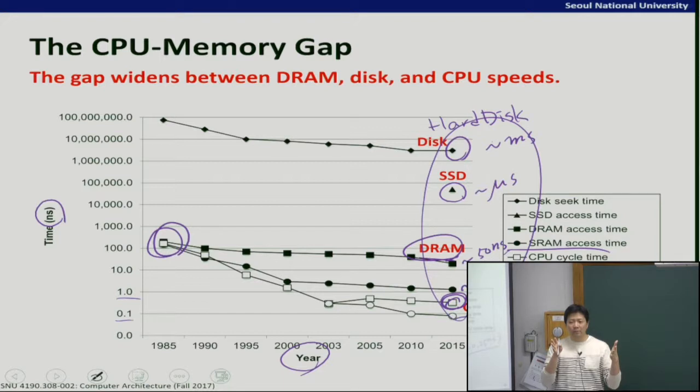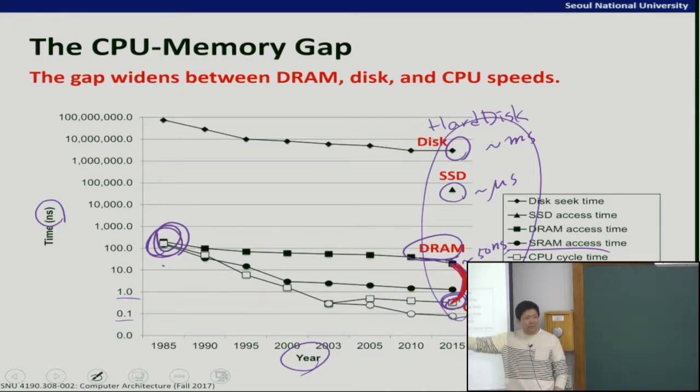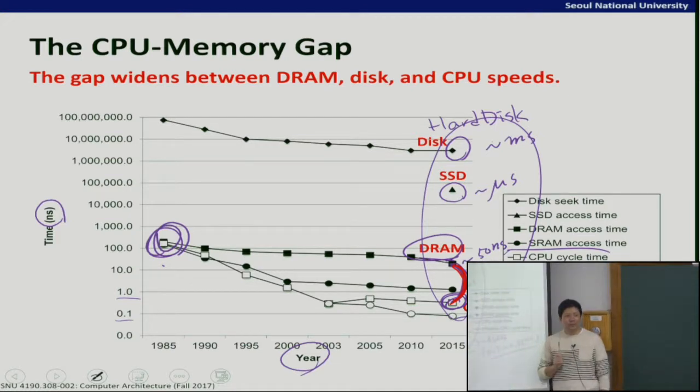So in other words, to read some value from DRAM took one CPU cycle, in this era, 30 years ago. But now, if you see, the difference between DRAM and CPU is this, in red. That's the performance gap. In 30 years ago, it took one CPU cycle to read the value from DRAM, but now it takes like 100 cycles to read a value from DRAM.